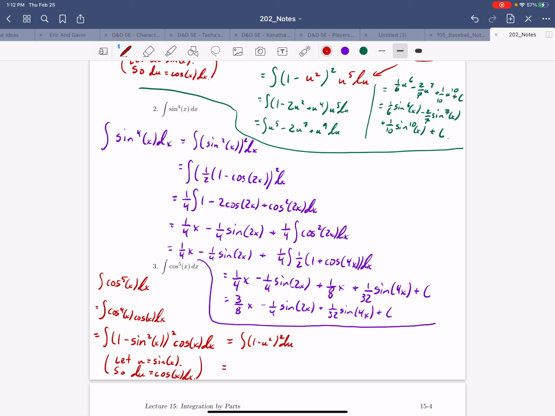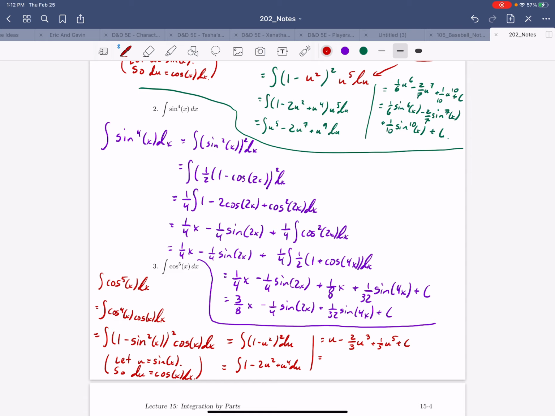And that's going to equal 1 minus 2u squared plus u to the 4th du. Right? That should be legit. Okay. And then that's going to give us, of course, u minus 2/3 u cubed plus 1/5 u to the 5th plus c.